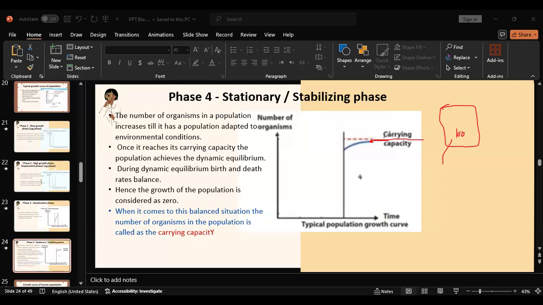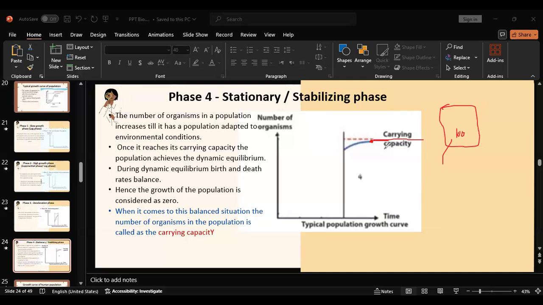No growth. So here, once it reaches this, that is the carrying capacity. The carrying capacity achieves the dynamic equilibrium. In the dynamic equilibrium you may see that the birth rates and the death rates are the same.